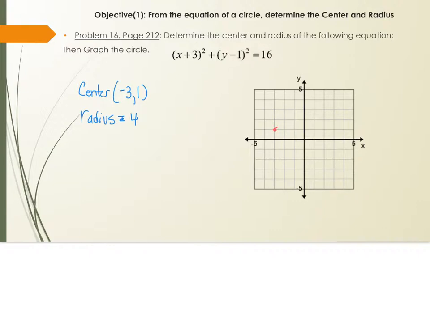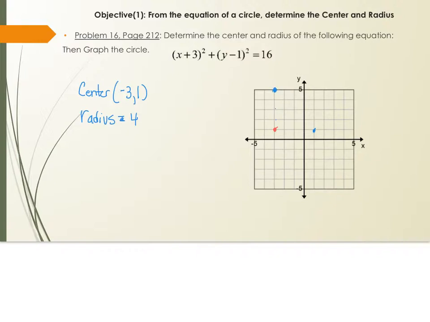And normally I draw a line through, but the machine isn't very good at this. So what I'm going to do is draw the points and then try to draw my circle. So I count along a horizontal from the center 4 places to the right. 1, 2, 3, 4. And I put a point there. And I will go up 4, 1, 2, 3, 4, and I'll put a point there.